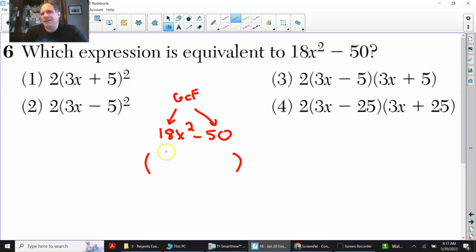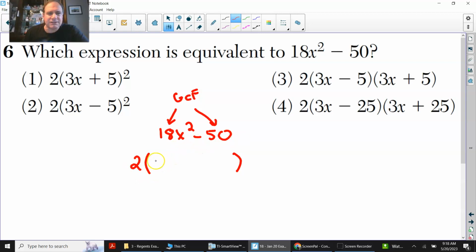So you're saying, okay, what's the greatest number that goes into both of those? I'm starting at 18. 18 doesn't go into 50. 9 goes into 18, but 9 doesn't go into 50. So now we're going down, and then we're saying, okay, 2. 2 goes into both. All right, so we're going to pull that 2 out.